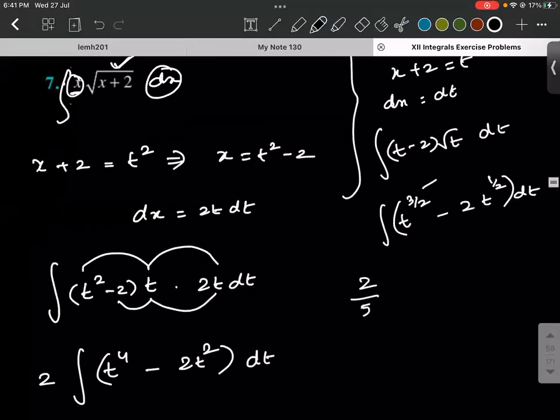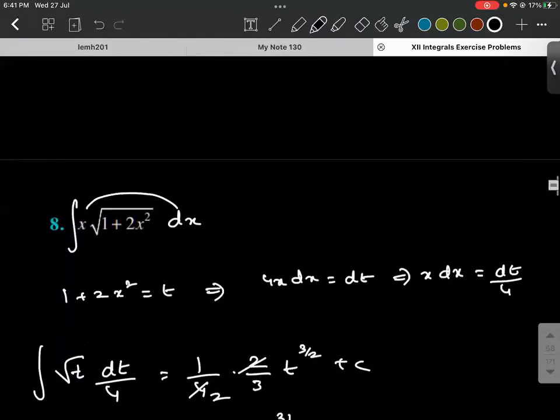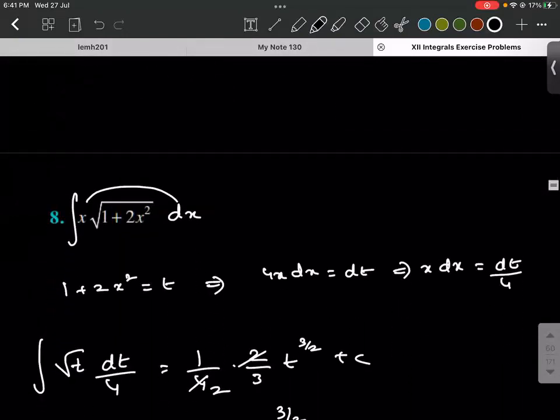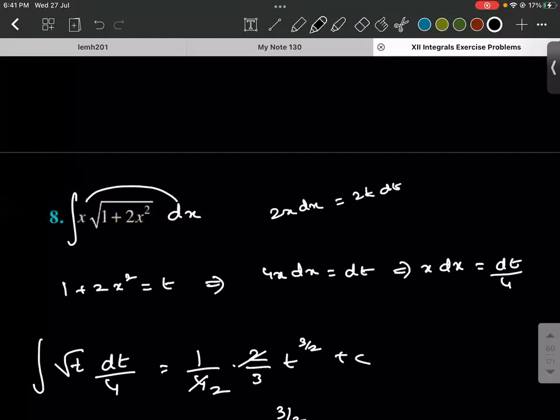You will get 2 by 5 times t power 5 by 2 minus 4 by 3 times t power 3 by 2. Same answer. So in this problem, if you ask me why I didn't take that as t square, I repeat it again, because I would have had 2x dx is equal to 2t dt, which is a headache for me.